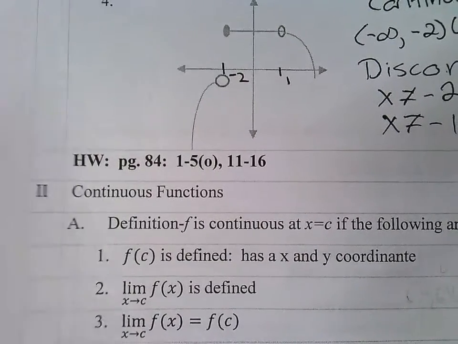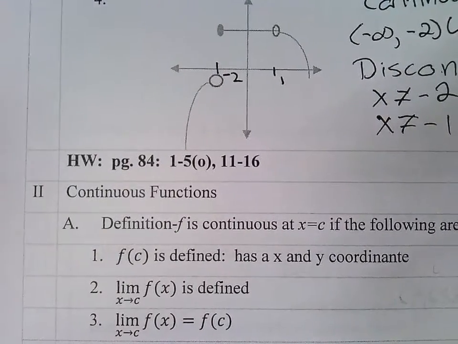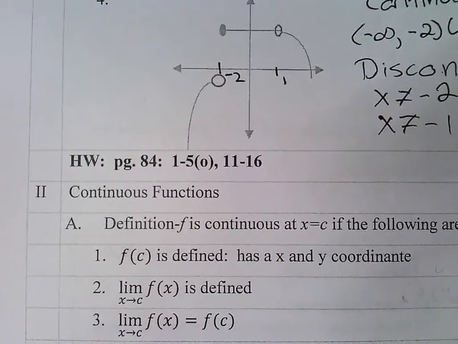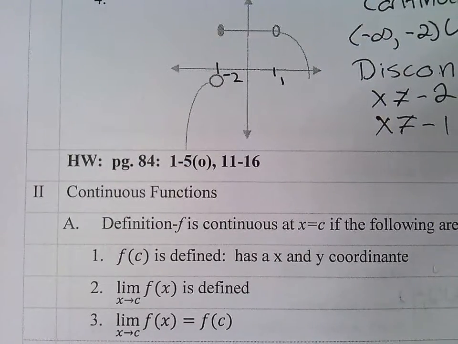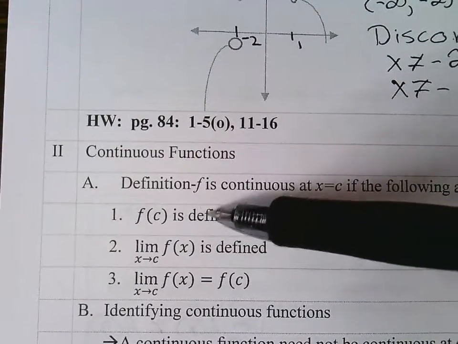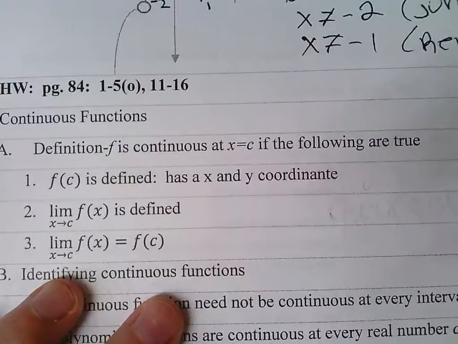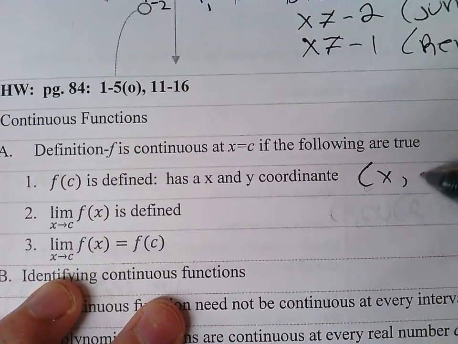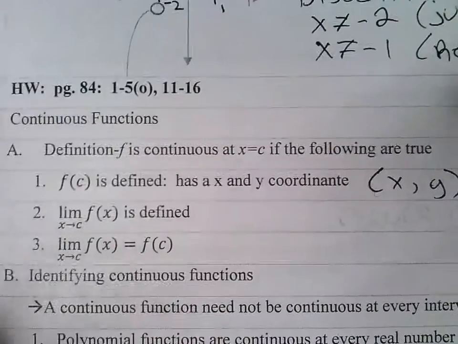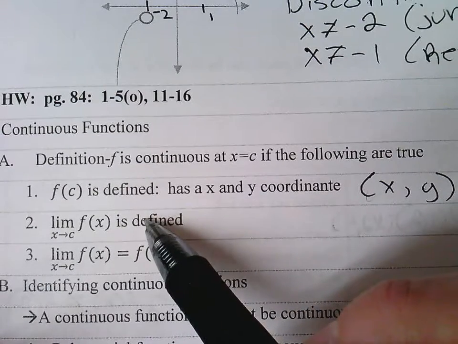Next, let's talk about continuous functions for calculus. So what makes a function continuous? f is continuous at x equals c if the following are true. We're just looking at a point. First, f of c is defined, which just means it has an x and a y value. Also, the limit as x approaches c of f of x needs to be defined.